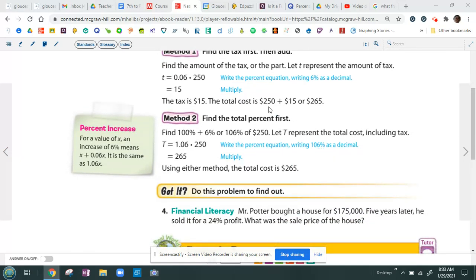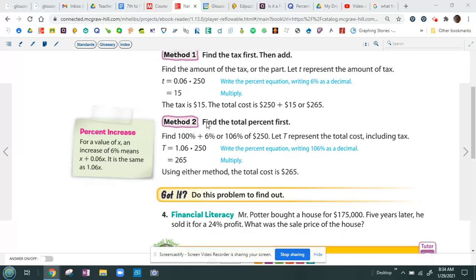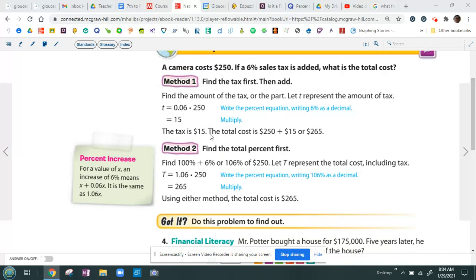Now there is a different way to do it, method 2, and this is a very useful way in certain situations. All right, so right here, same problem, but in this case, if you were to compare your total cost at the end to what the item actually costs, right?